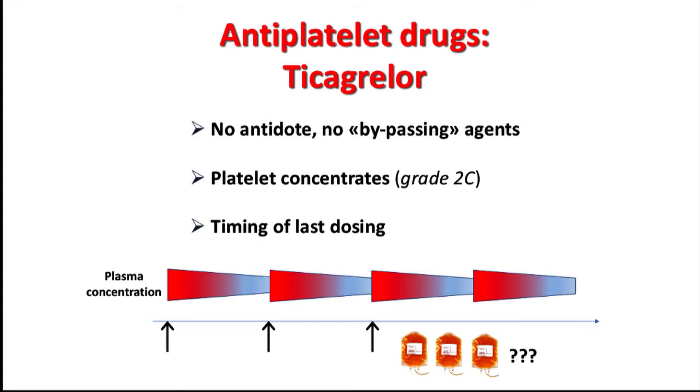And when you infuse the platelet concentrates, they may be very rapidly inhibited by the plasma level of ticagrelor that is on board. So recent data, and I'm referring to a paper that was published a couple of weeks ago, showed that you will probably have to wait at least 24 hours before any platelet transfusion may be effective.